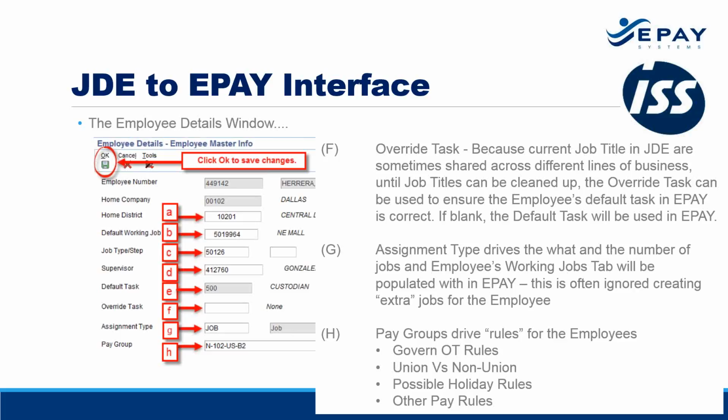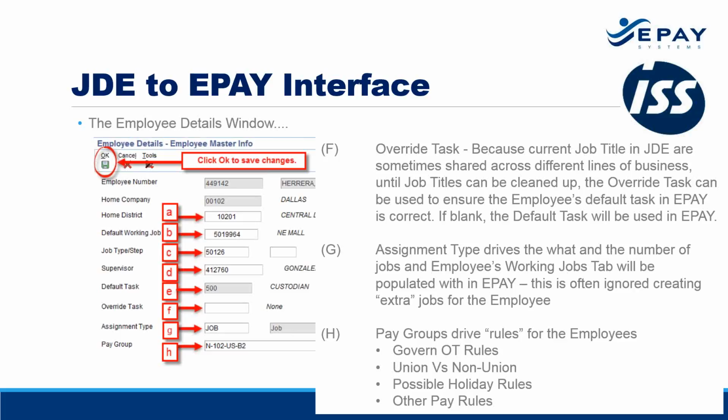When we go into Blueforce, that working jobs tab, which we'll address momentarily, looks to this field, and bottom line what it says, if this assignment type, for my example here in step G, says job, what that means is that this particular employee is only going to be assigned to a job, and that is it, one job.